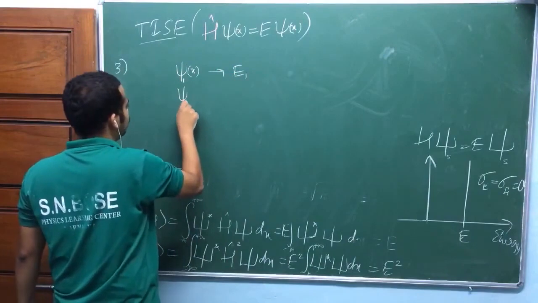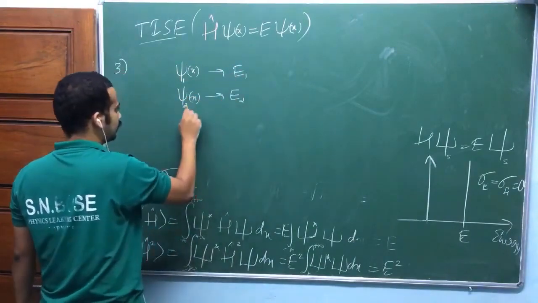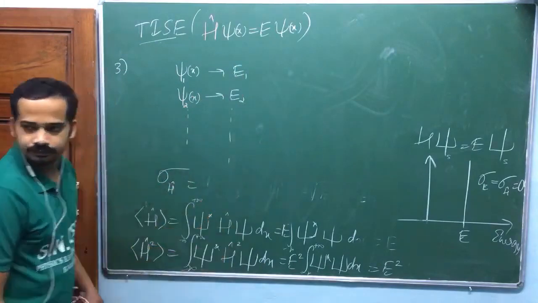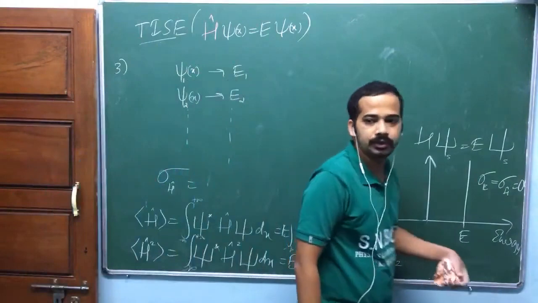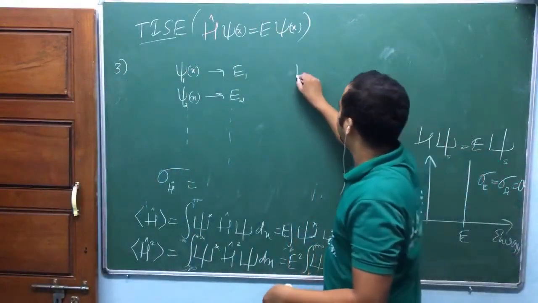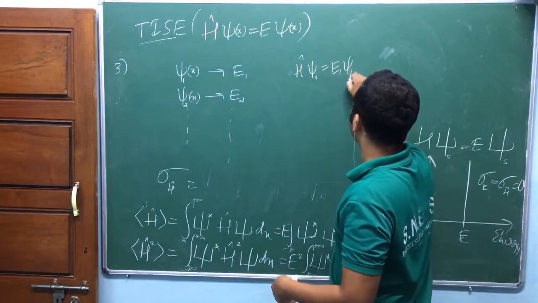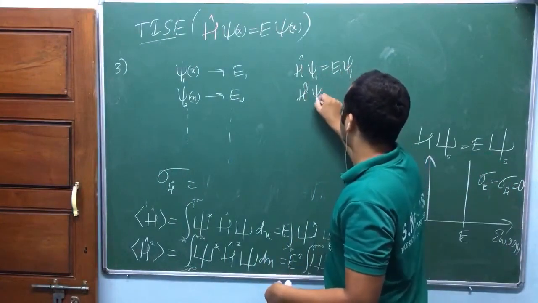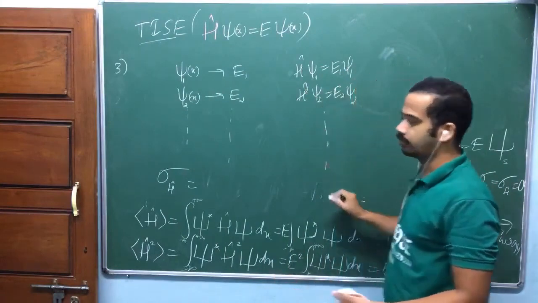You will get another wave function psi2 of x corresponding to energy E2, and so on. When you solve this differential equation, you will end up with this. That means H cap into psi1 is equal to E1 into psi1, H cap into psi2 is equal to E2 into psi2, and so on.